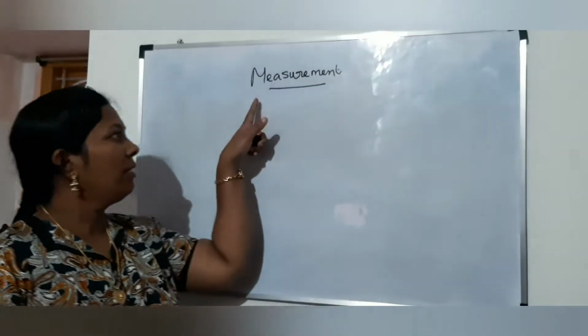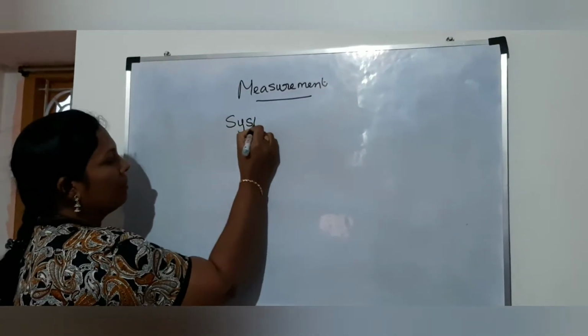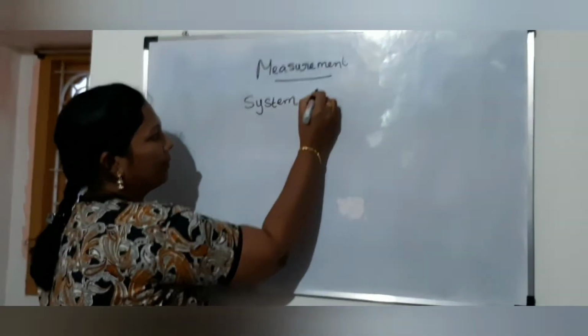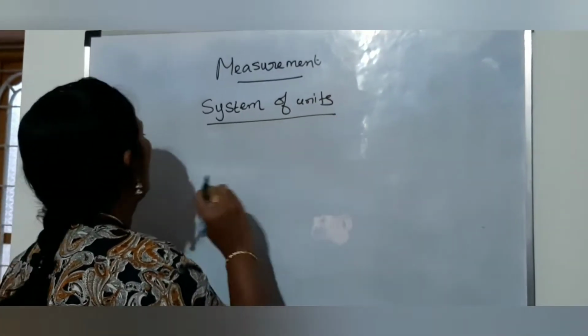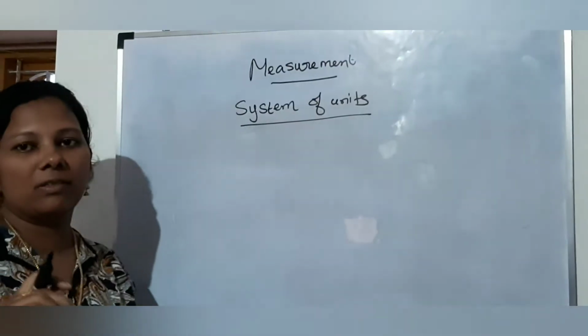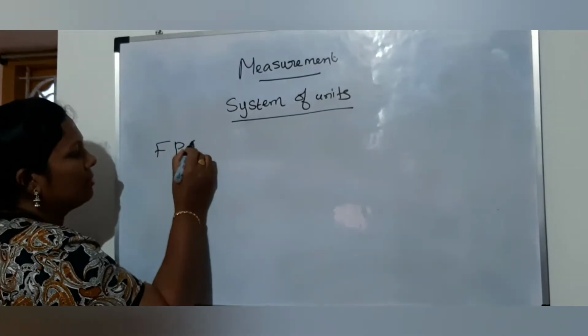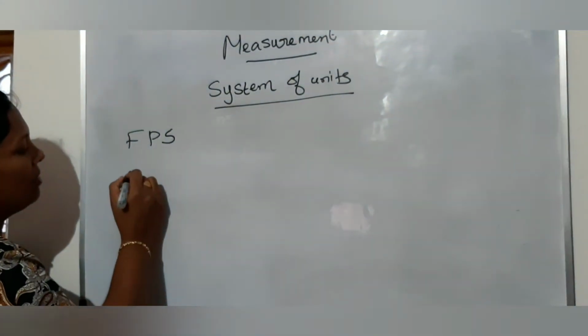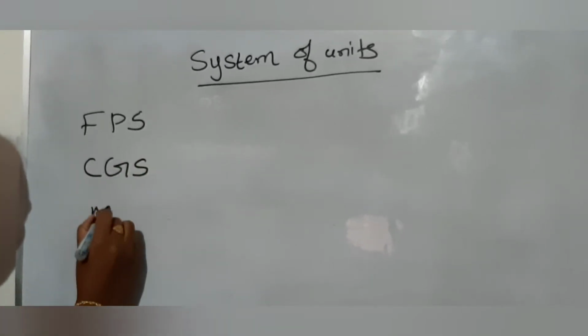Measurement. In this system of units, some of the common systems of units are the FPS system, CGS system and MKS system.